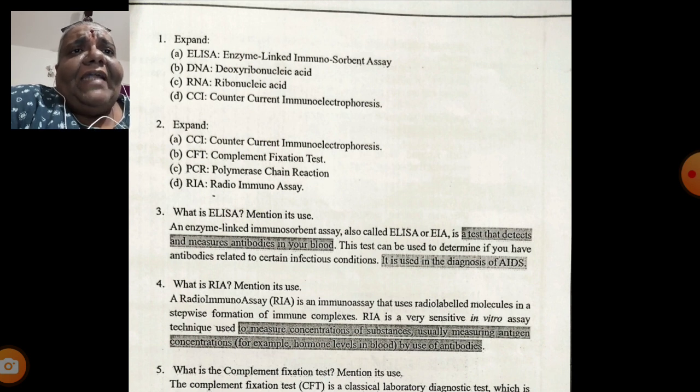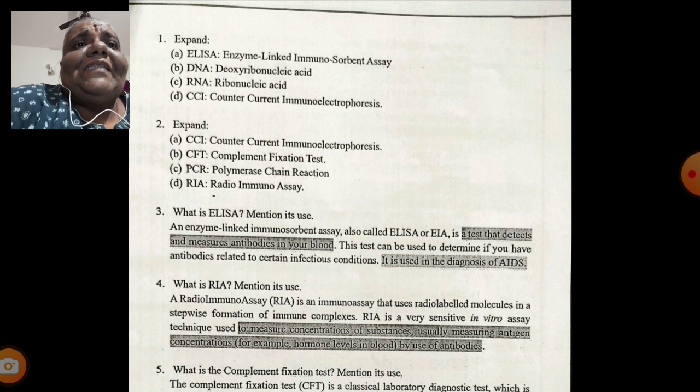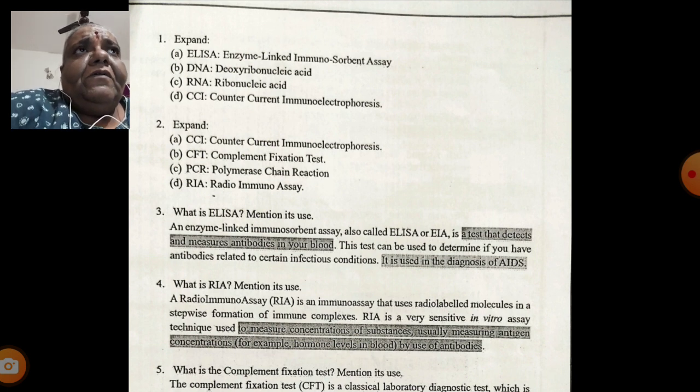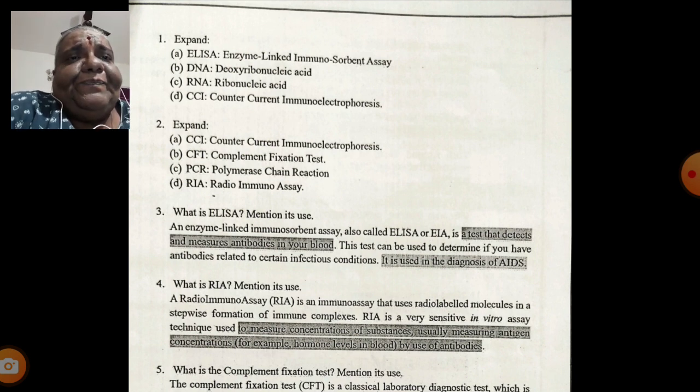For blood analysis, some techniques are used. They have been kept under the group molecular diagnostic techniques. ELISA is one such technique. I am going to tell you in a bit more detail when I take up question number 3. So, the question is ELISA.